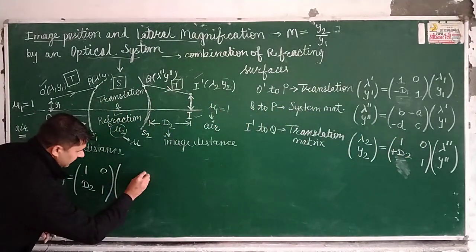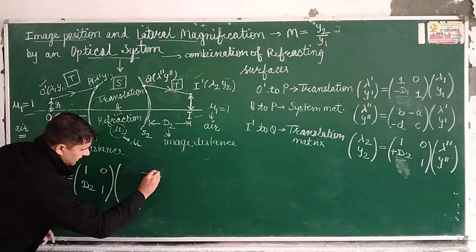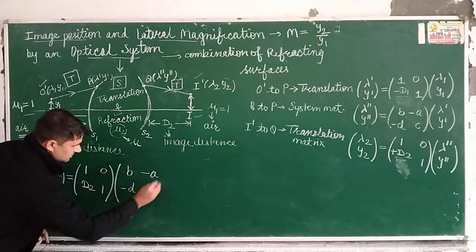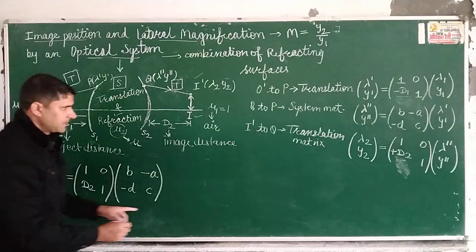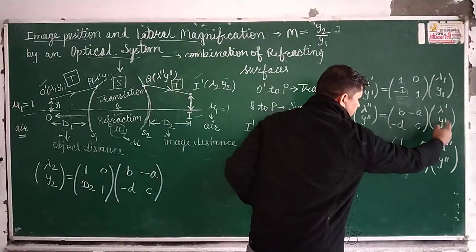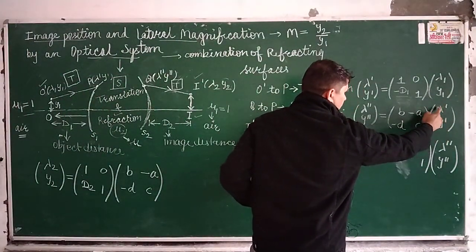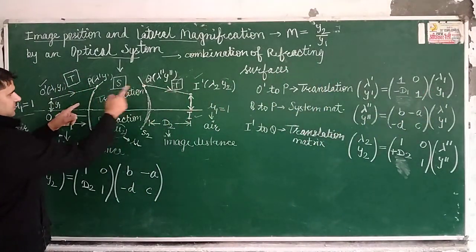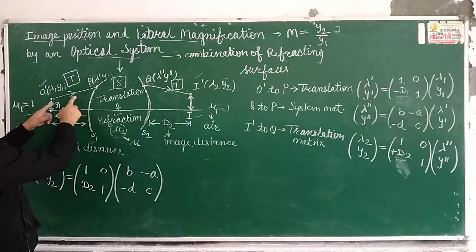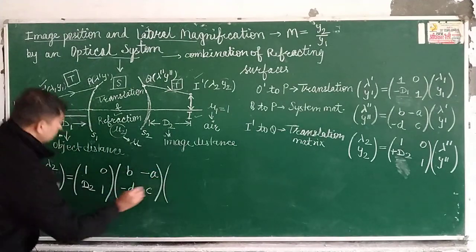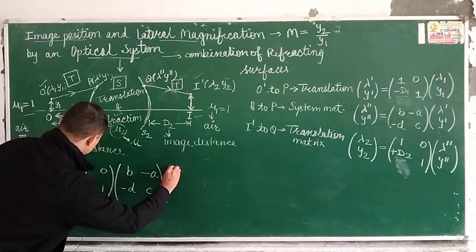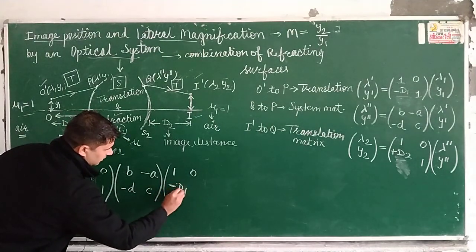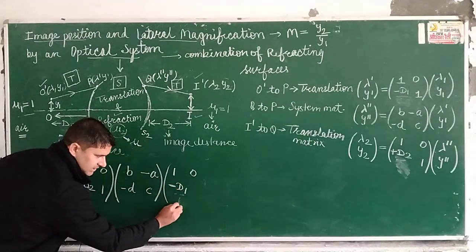So here we will write then minus A, B, C and minus D, and then you see here you have lambda dash and y dash, and in place of lambda dash and y dash you will write this one. Okay, and here you can see translation, system, translation. So if you write the translation matrix here, then you can write this is 1 0 minus d1 by the refractive index, that is 1.